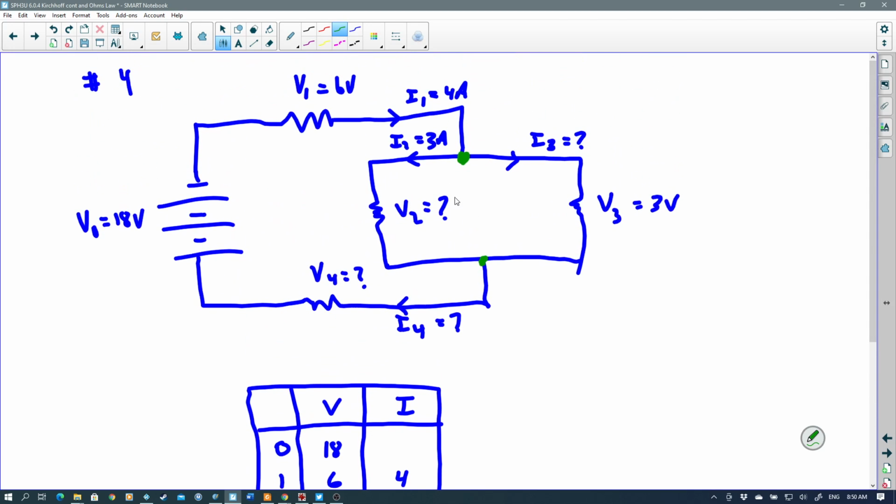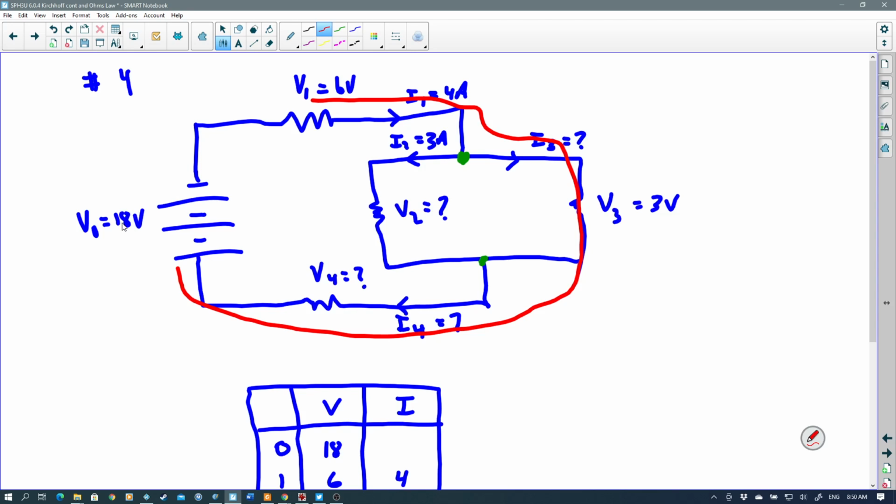For the voltage, as I was explaining a couple seconds ago, if we look at Kirchhoff's voltage law, I have 6 volts here, coming down this direction, I have 3 volts here that I've taken away.